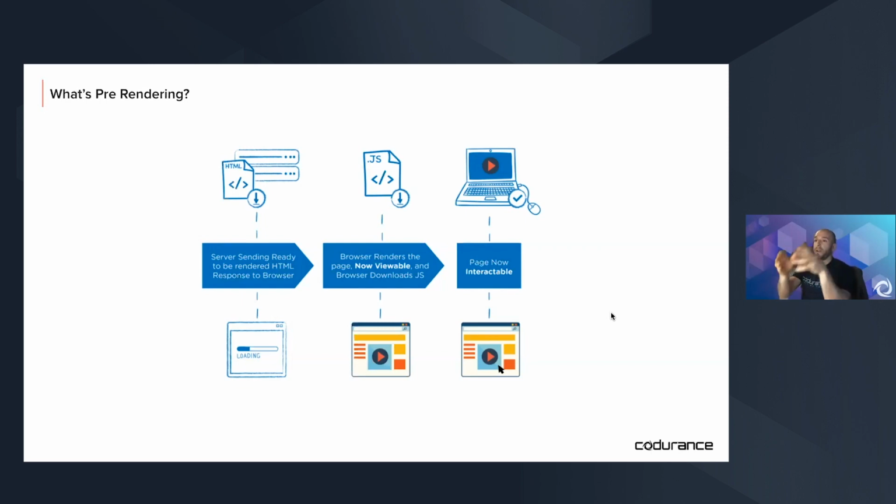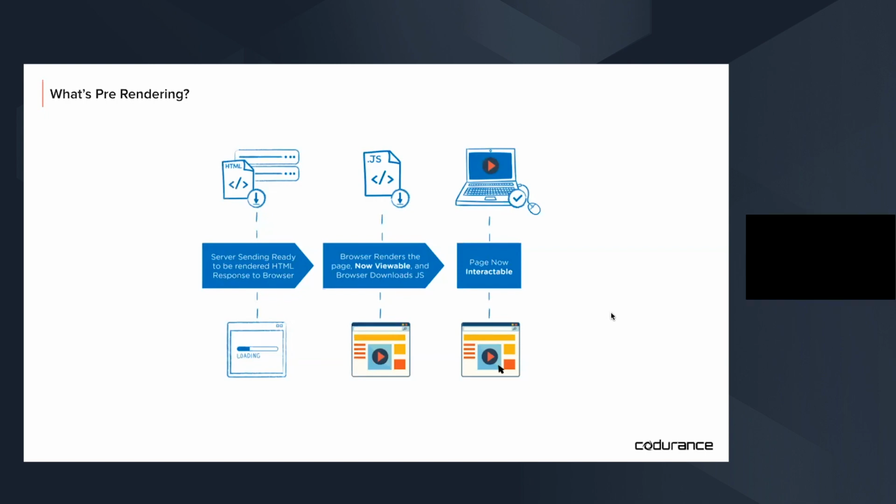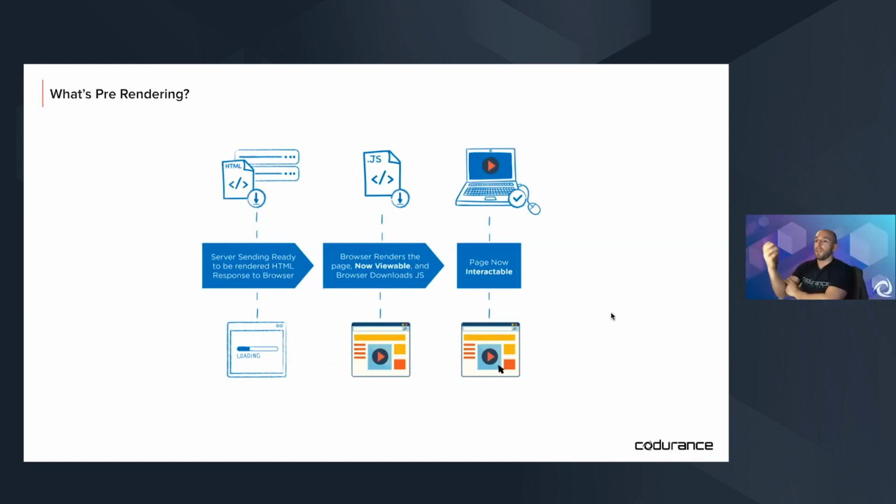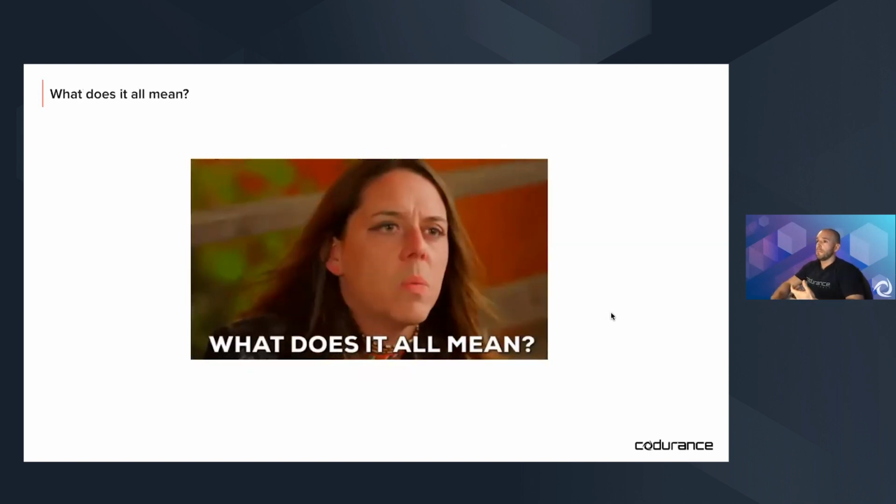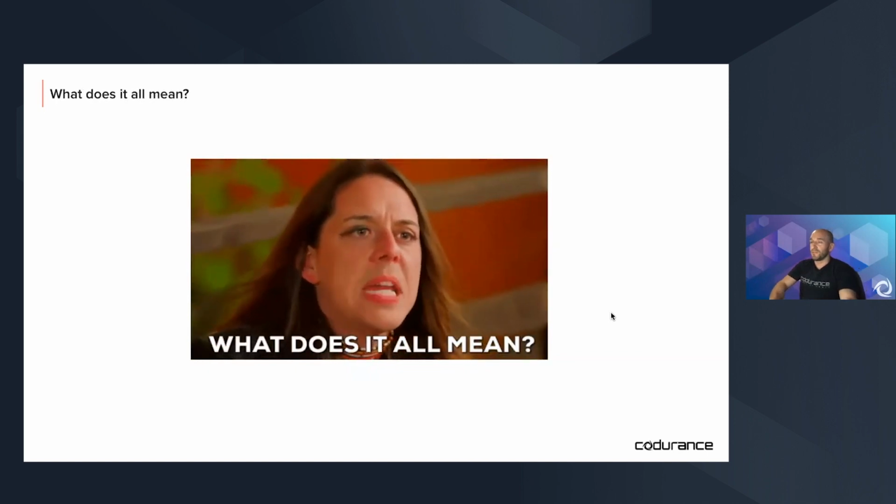So it will bring the user a fully usable HTML that the browser is going to just download and execute, and it will be faster. But you will lose some of the options you are given in other rendering ways. So, what does all this mean?